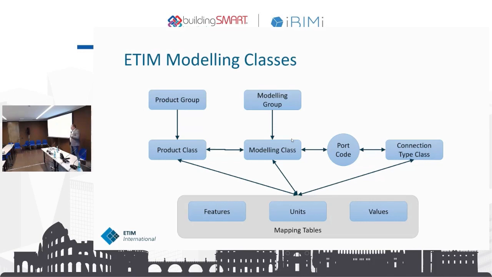So you can reuse the same geometric class. These modeling classes have port codes, and on each port code you can assign connection type classes. And all these classes use the same pool of features, units, and values.